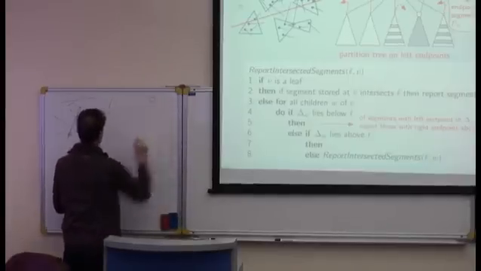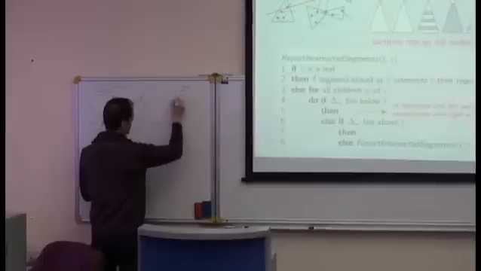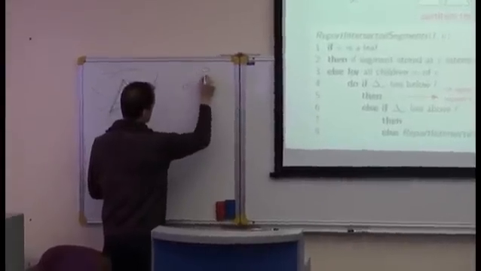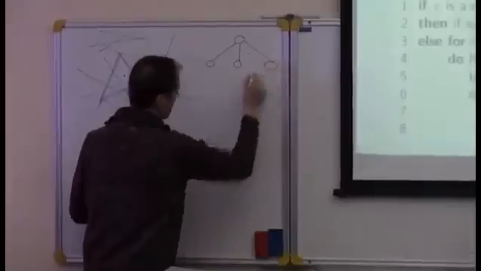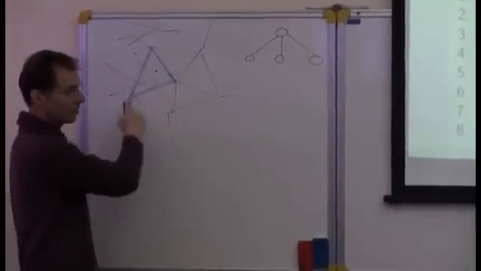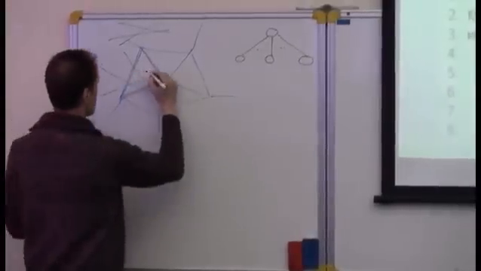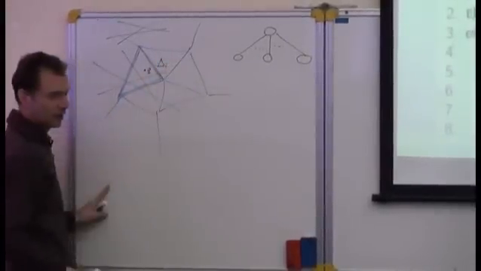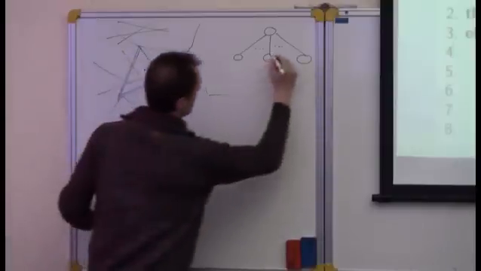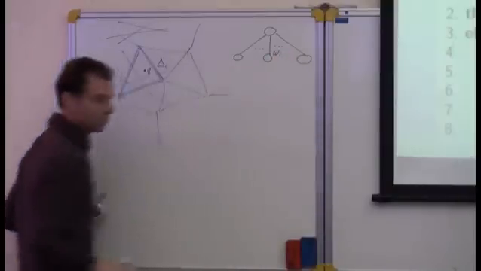well, then in my tree, let's say I go to the root, I check all these triangles. Let's say my query point Q is inside this triangle delta i. Then I go to this corresponding node w_i.